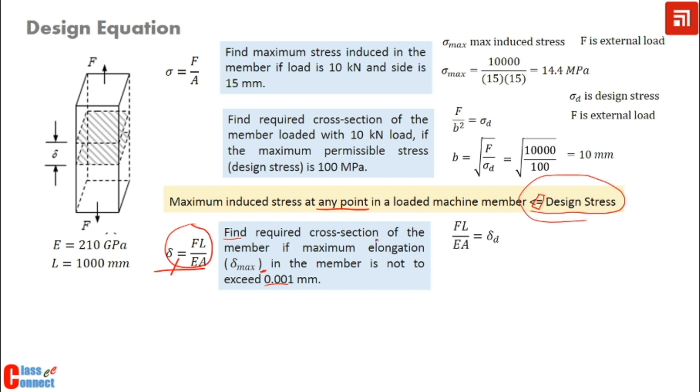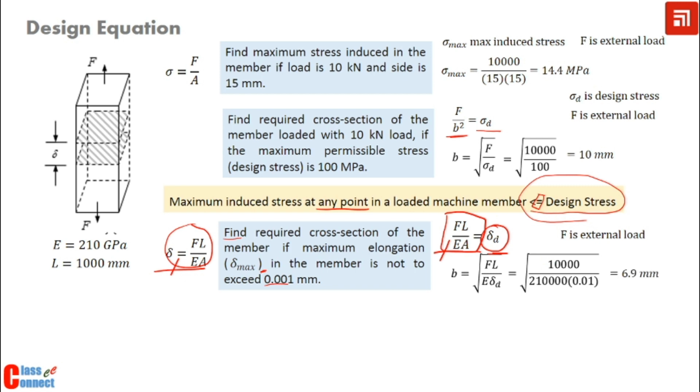So in this case, we again use the induced maximum deformation on the left hand side, and on the right hand side, it is the maximum allowable. So we can find out the dimension in this form.